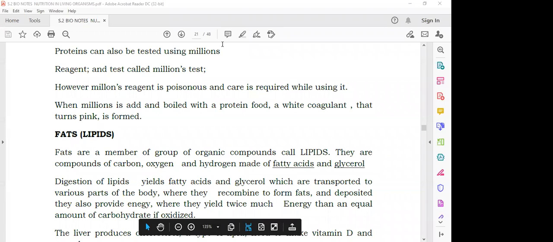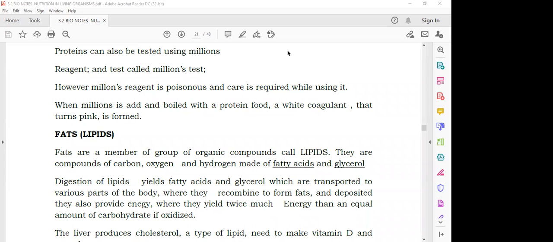Meat is a good source of animal proteins. If you need iron, mostly we get it from liver, which is the best source of iron in the body.